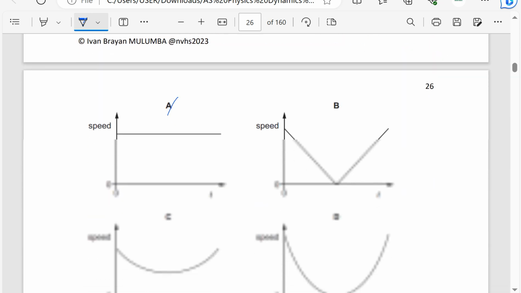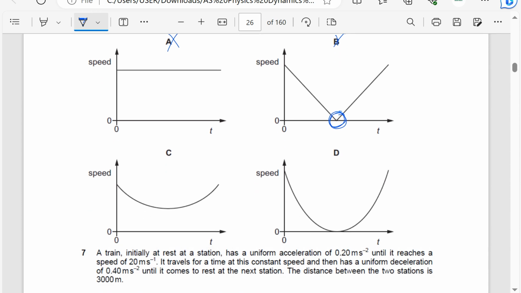This one is showing the speed remains constant completely. That is not true, it decreases. This one is showing that the speed goes to 0 and then it increases. That means the speed at the highest point becomes 0. It is not completely 0 because there is velocity in the horizontal. So B and D are out because they say there is a point where the speed is completely 0, yet there is velocity in the horizontal.